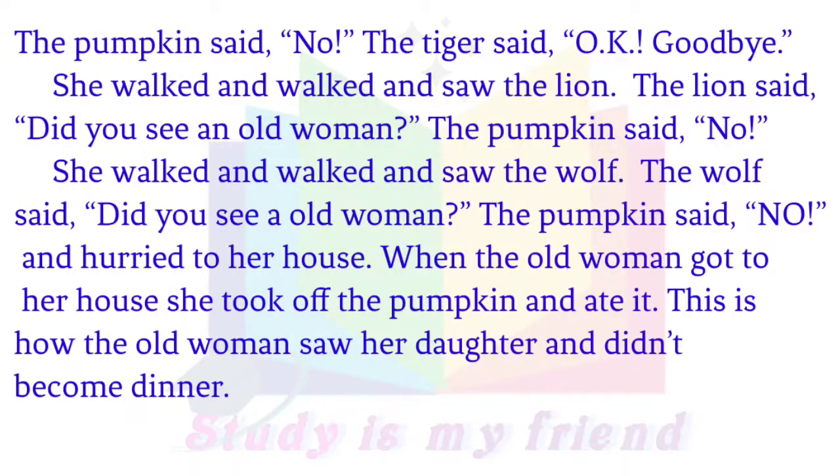The wolf said, did you see an old woman? The pumpkin said no, and hurried to her house. When the old woman got to her house, she took off the pumpkin and ate it. This is how the old woman saw her daughter and didn't become dinner.